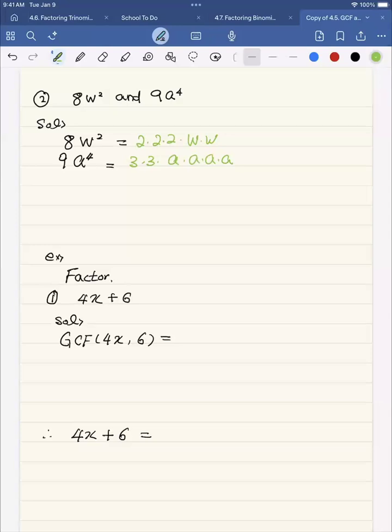So we cannot figure out the common factor because none of them are common. So we conclude that there is nothing in common.